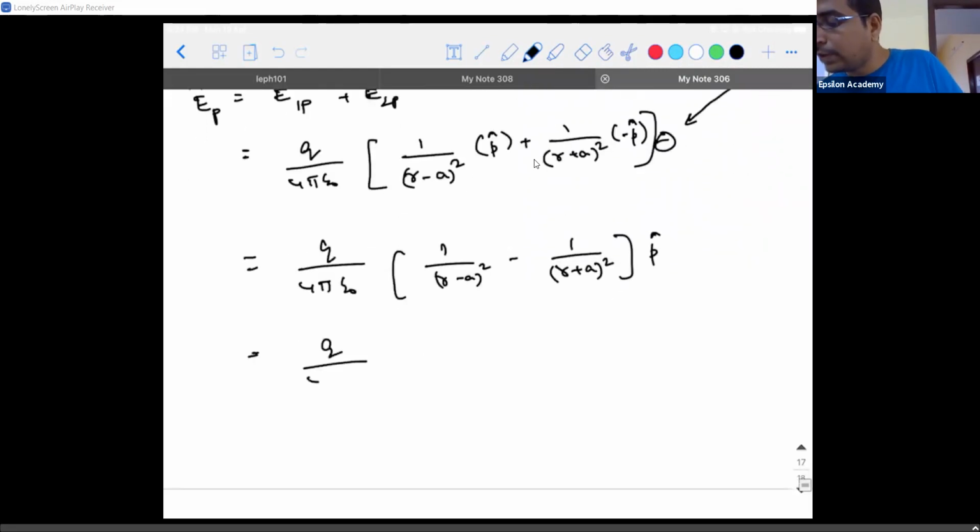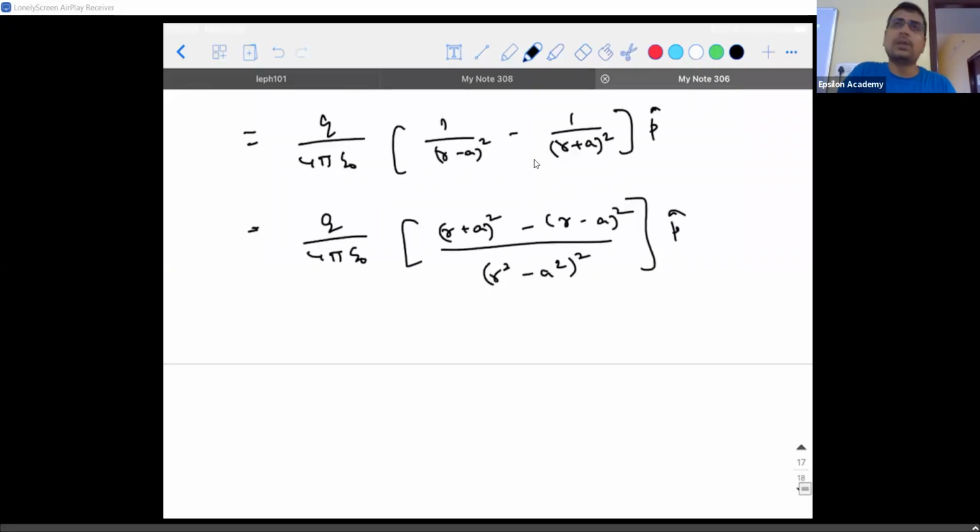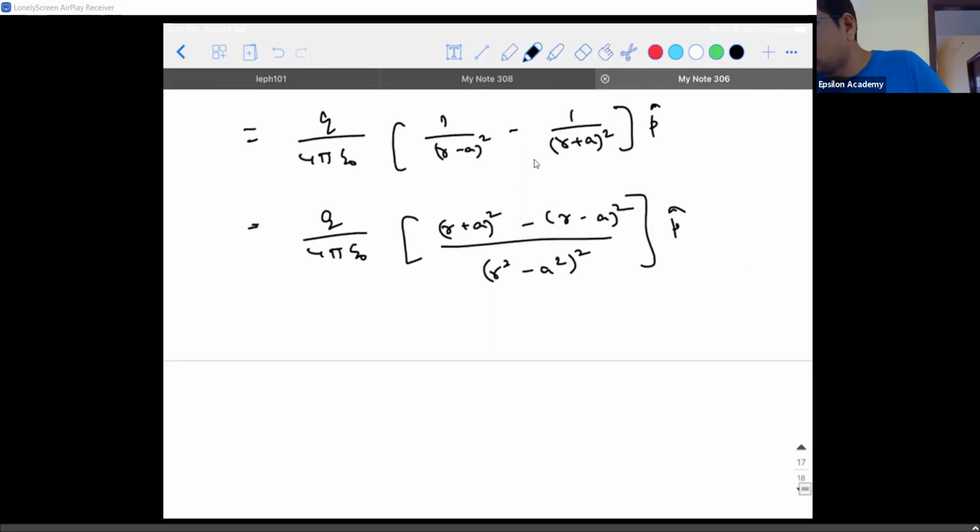So Q divided by 4 pi epsilon naught into R plus A the whole square minus R minus A the whole square divided by R square minus A square the whole square in the direction of P cap. A plus B the whole square minus A minus B the whole square is 4AB. So that will be Q divided by 4 pi epsilon naught into 4 times AR divided by R square minus A square the whole square in the direction of P cap.